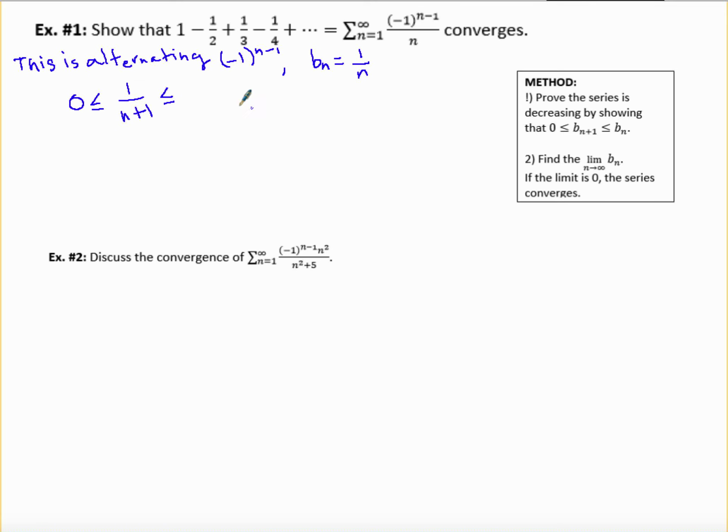Is it? Obviously so. If I had an n value of 5, then 5 plus 1 is 6, so 1/6 is less than 1/5. This is a true statement. So it is true, and that satisfies the fact that this is a decreasing function.